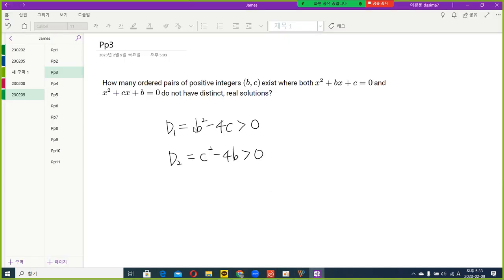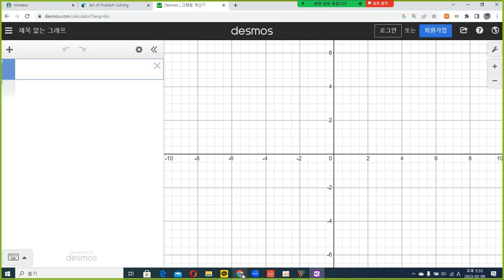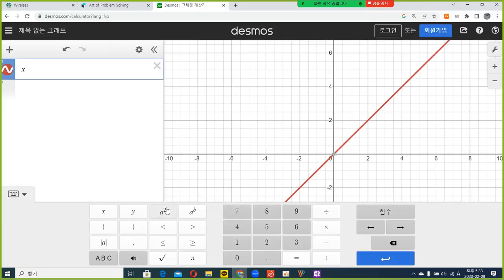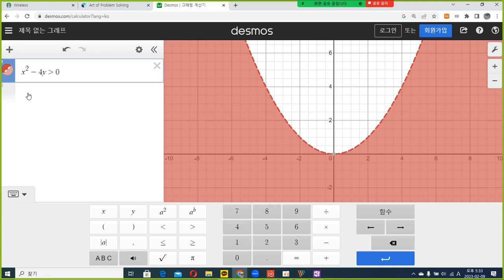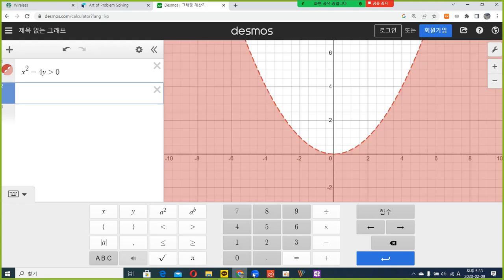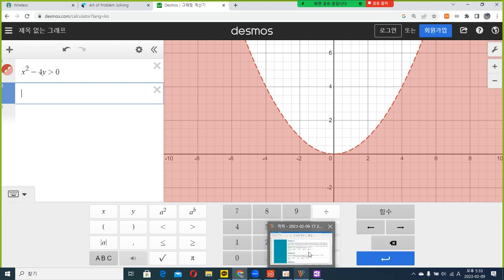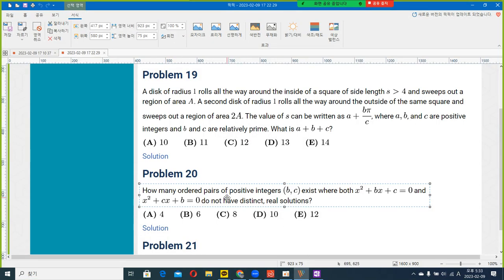So I'm going to change variables b and c to x and y. And that means this is the first inequality. Am I right? I mean, something, distinct real solution.